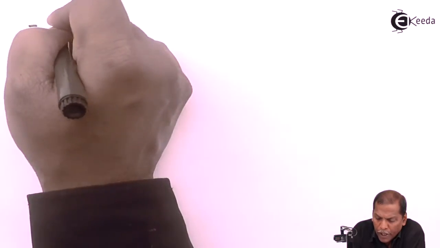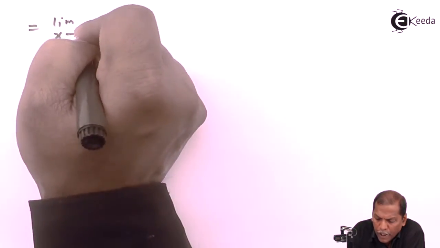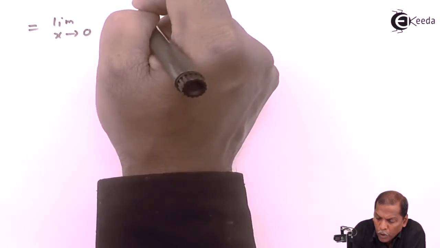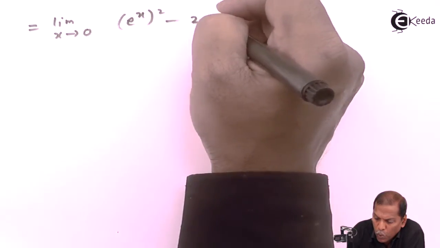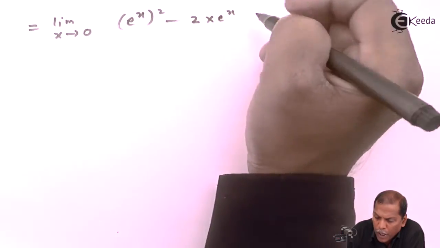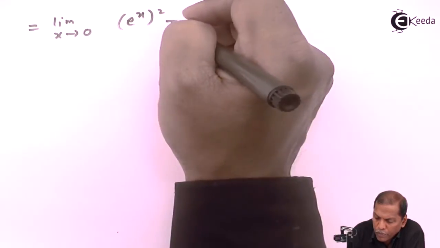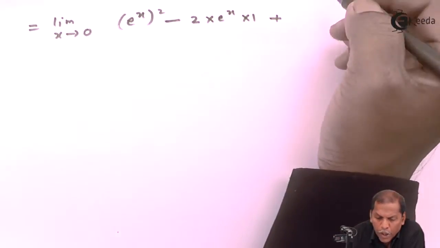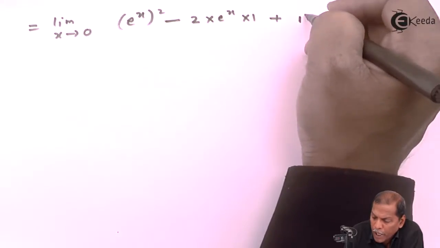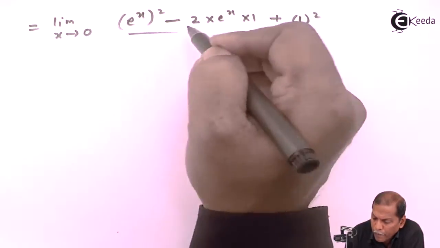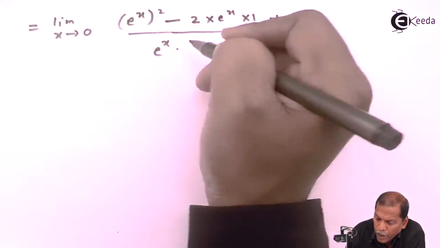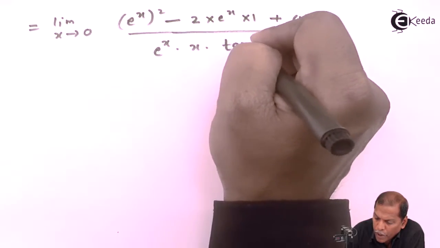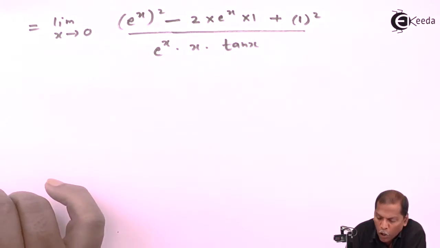Now the terms present in the numerator can be rearranged as the limit as x tends to 0 of (e^x)^2 minus 2 into e^x into 1, plus 1, which can be written as 1 squared, then totally divided by e^x into tan x in the denominator.